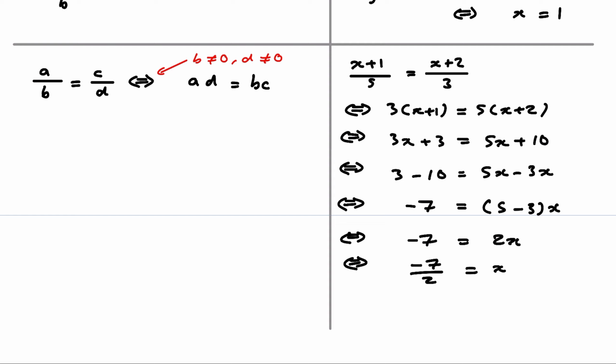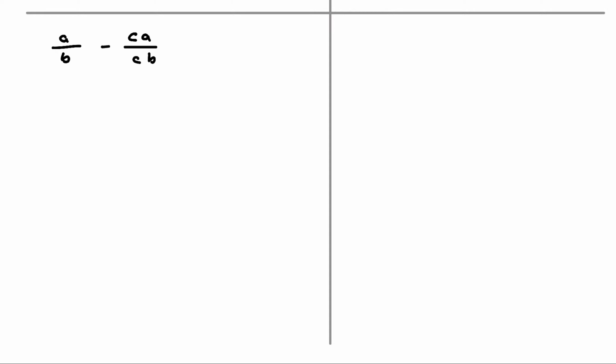Okay. So that tells us when we have two fractions that actually give the same number. There's a slightly different way to look at this as well. It is the following. If I give you a fraction a over b, and I give you another fraction ca over cb, they're always equal to each other, assuming, of course, everything makes sense.